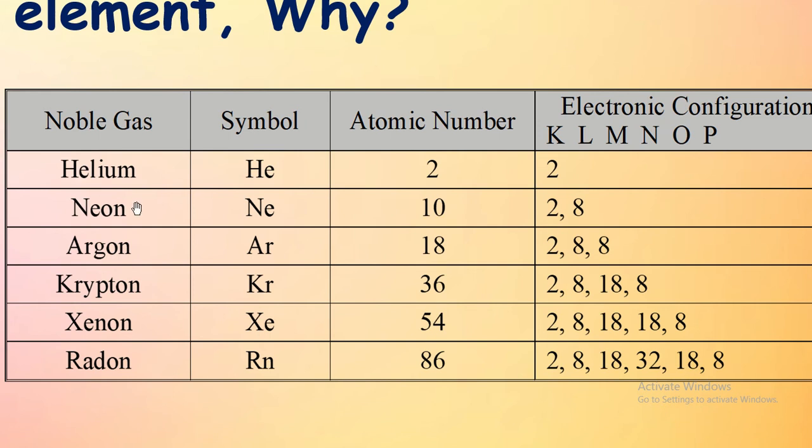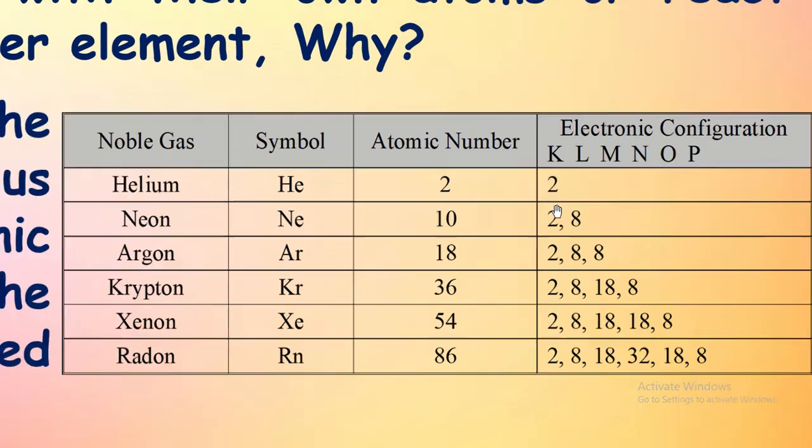For the remaining elements, neon is 2, 8, argon 2, 8, 8, krypton. If you observe these configurations, except helium, all remaining elements have 8 electrons in their valence shell, isn't it? And helium has only one shell that is completely filled with 2 electrons.